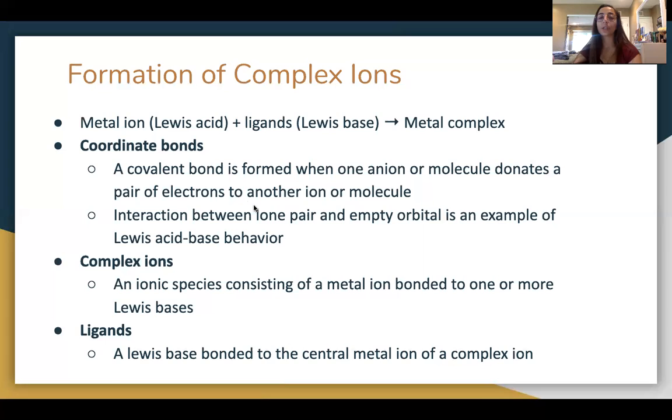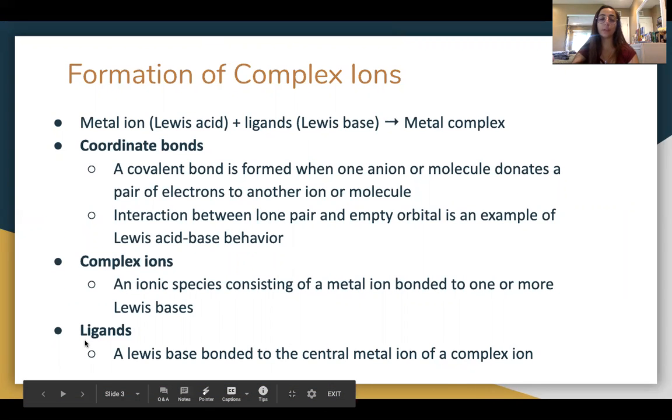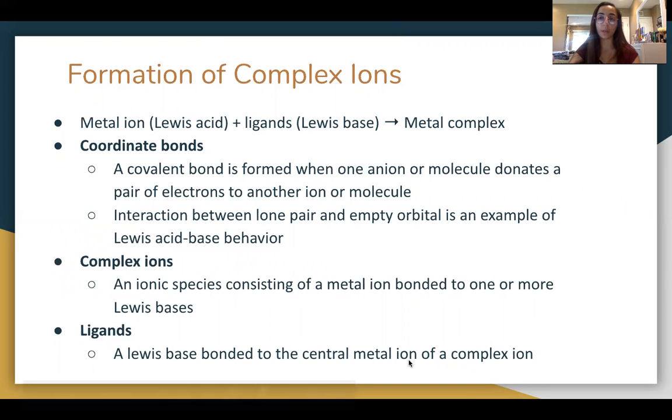It's an interaction between a lone pair and an empty orbital, and that's an example of Lewis acid-base behavior. We should also know what a complex ion is: an ionic species consisting of a metal ion bonded to one or more Lewis bases. And you should know that ligands are Lewis bases bonded to the central metal ion of a complex ion.